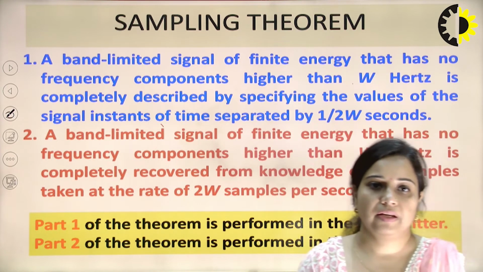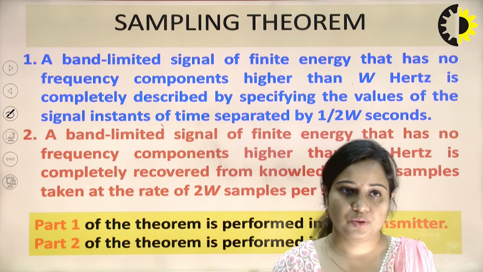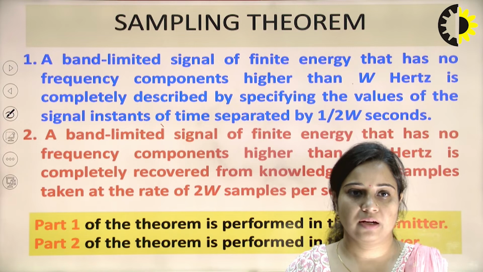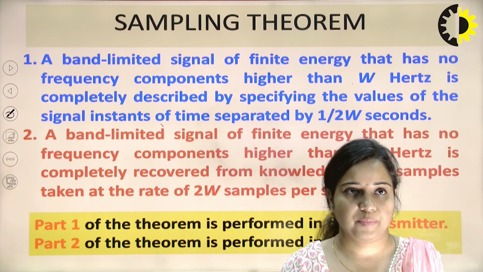This is a very standard definition of the sampling theorem. There are two definitions, you can consider any one of them. The first one is related to the transmitter side and the other is related to the receiver side. So this is about the sampling theorem.